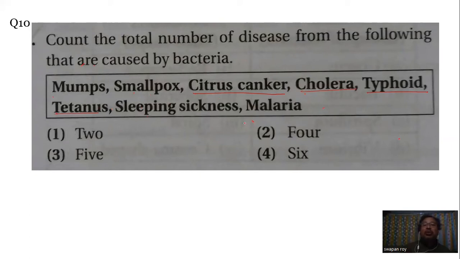So our answer will be option number 2, total bacterial diseases are 4. Mumps and smallpox are viral diseases, and sleeping sickness and malaria are diseases caused by protista, that is unicellular eukaryotic organisms.